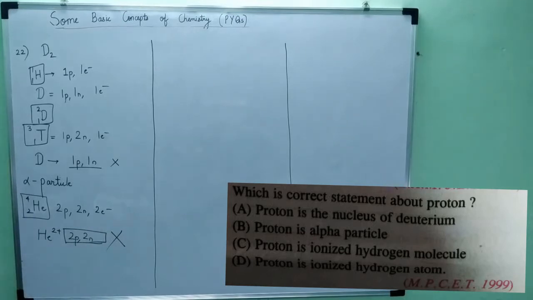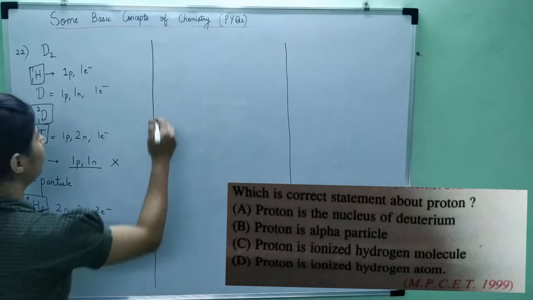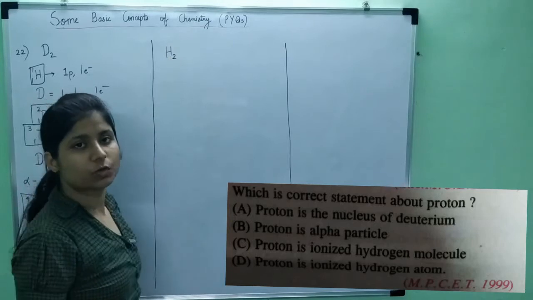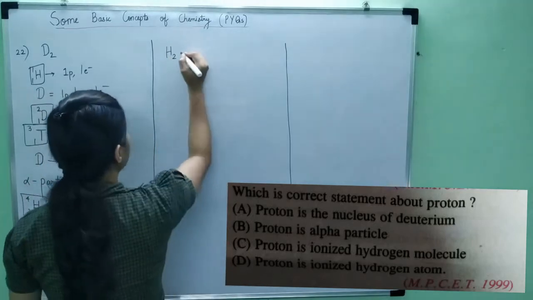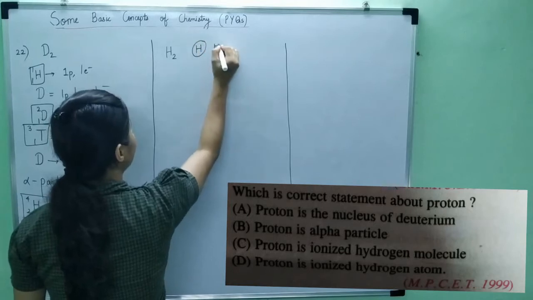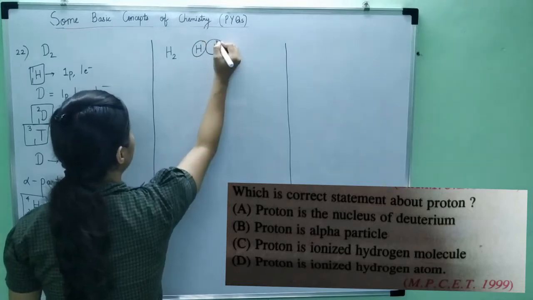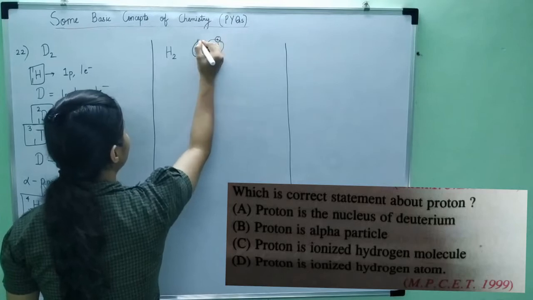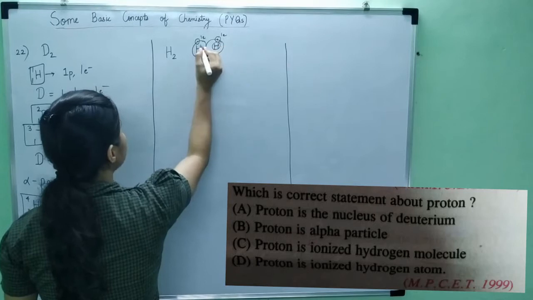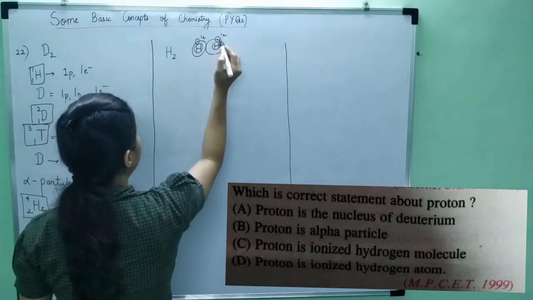The next option is, proton is ionized hydrogen molecule. Now what is hydrogen molecule? H2. Ionized hydrogen molecule is what? One electron is removed. So hydrogen contains one hydrogen atom and another hydrogen atom, both of them having one electron each, and in the nucleus both of them have one proton each.